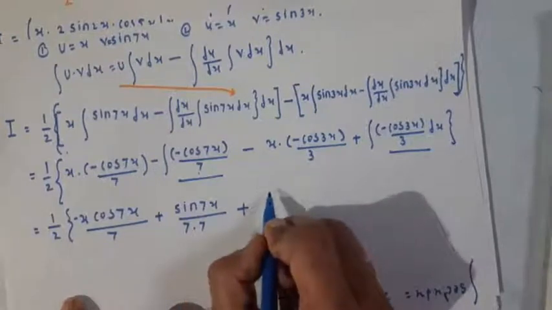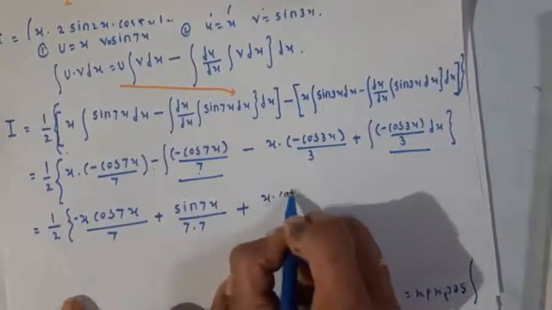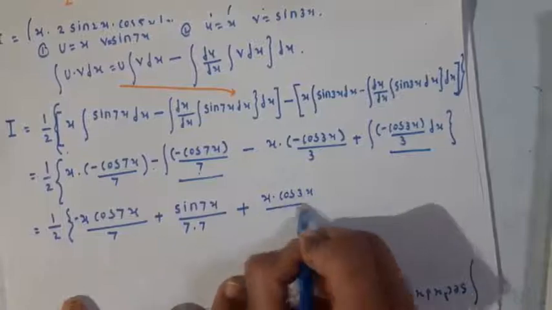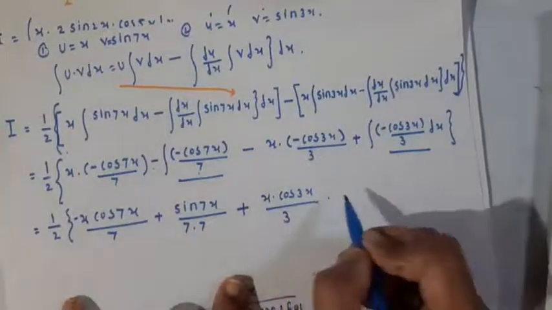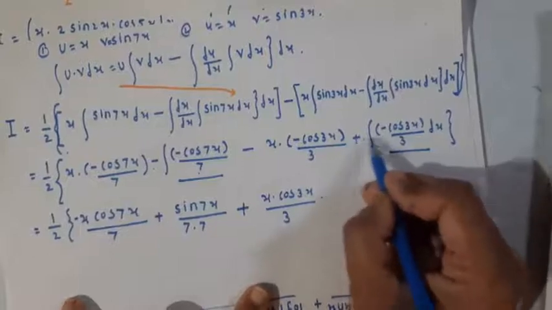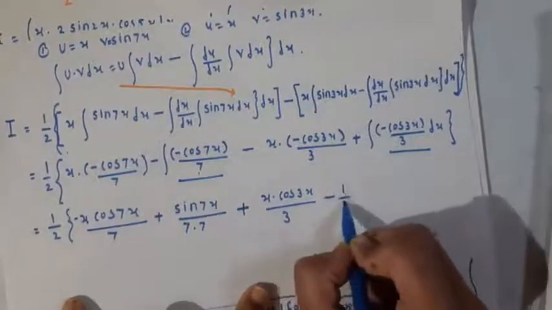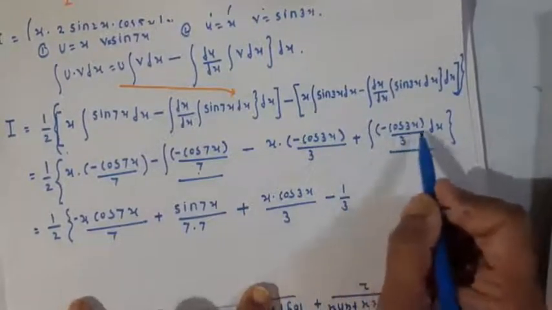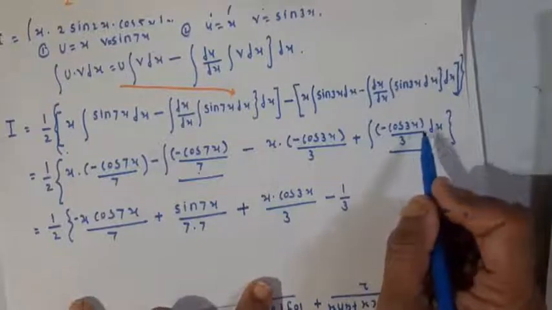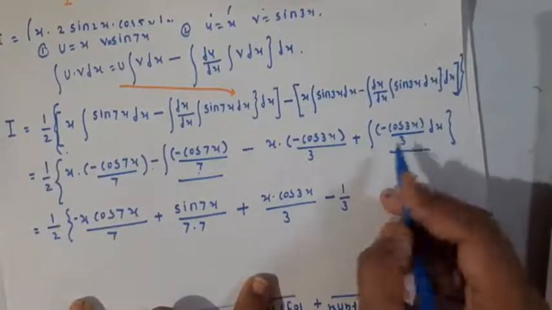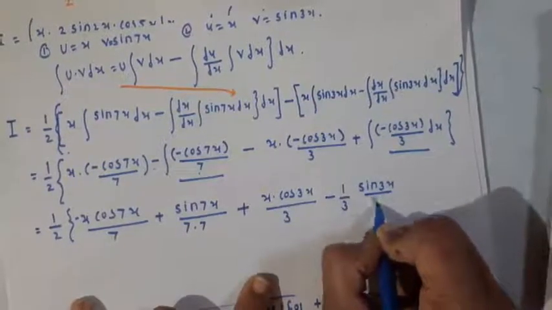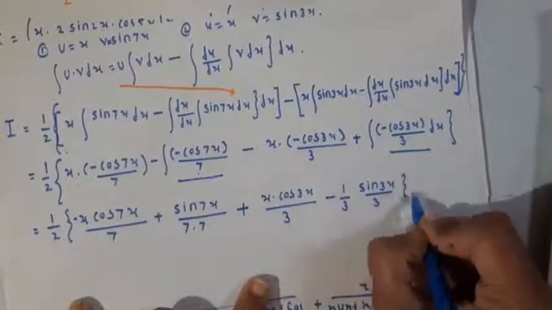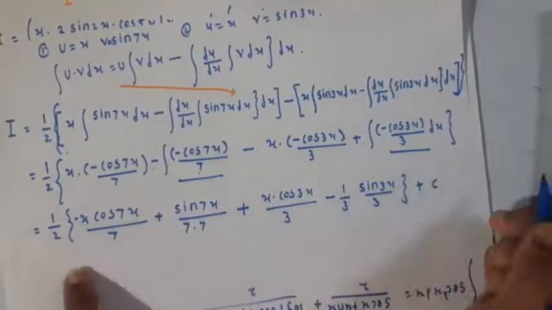Okay, and this is x cos of 3x upon 3 plus, now plus minus minus 1 by 3 as a constant, integration of cos of 3x. Integration of cos of 3x is sine of 3x upon 3 plus constant of integration c, and into this 1 by 2.